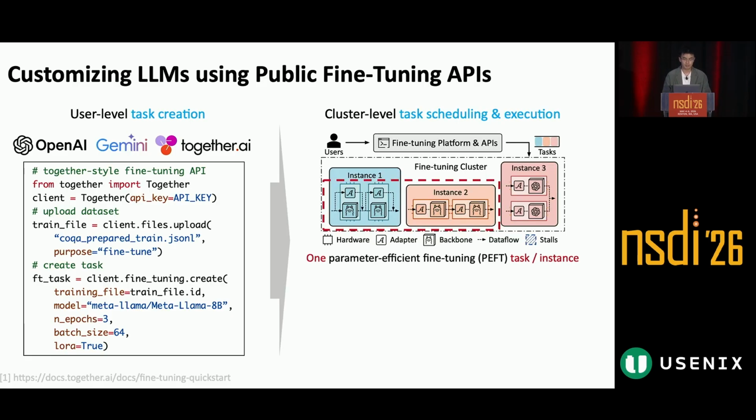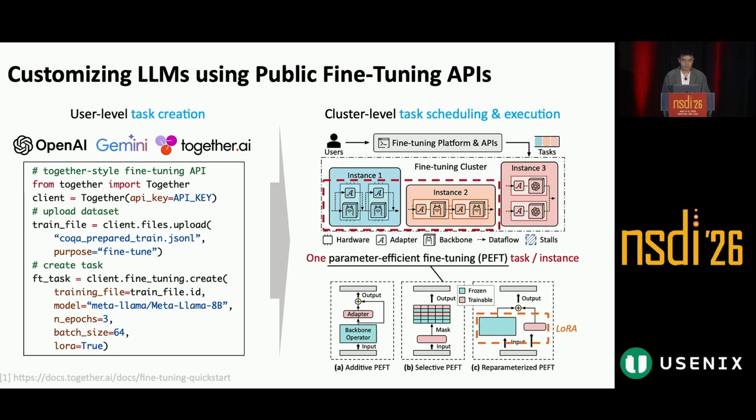Behind these APIs, the cluster scheduler generally launches a dedicated instance for each PEFT task, which includes a set of GPUs and the backbone object with loaded parameters. In the PEFT scenario, the backbone parameters remain frozen while we only train adapters with much smaller size.